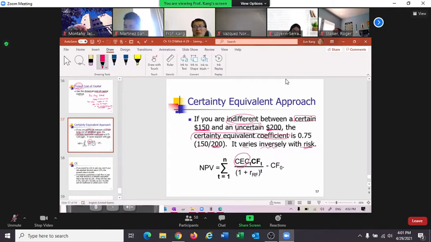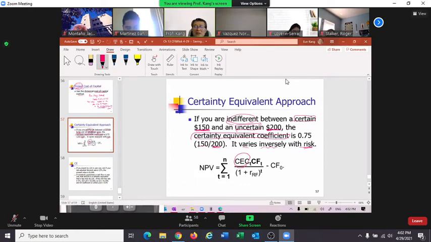The riskier it is, the less you'll be satisfied with smaller uncertain cash flows; you require higher uncertain cash flows. So if it's more risky, I'm not indifferent between 150 and 200. I'll be indifferent between 150 and 300, and 150 over 300 is 0.5, right? So the higher the risk, the lower the certainty equivalent coefficient.